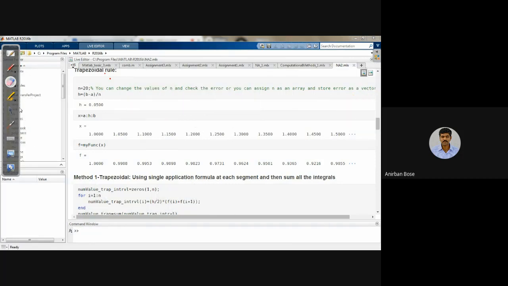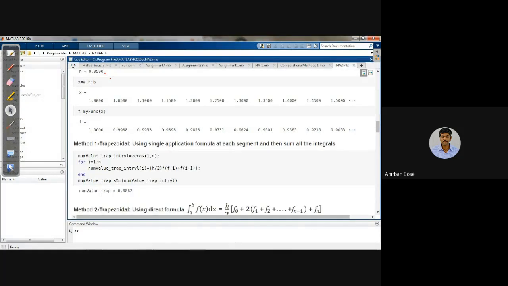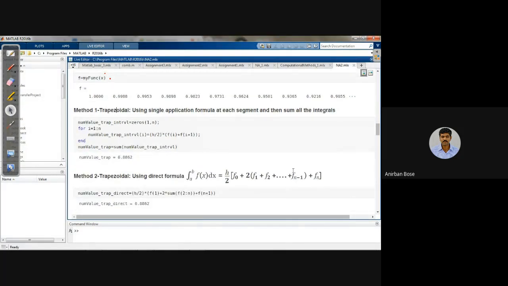Now after creating all the values of f, we will simply use our formula to calculate the area, and we will sum all these areas to find the total integral result, because integration is nothing but the summation of all the areas, since we have divided into multiple segments. So let us see how we are doing it. It's very simple.